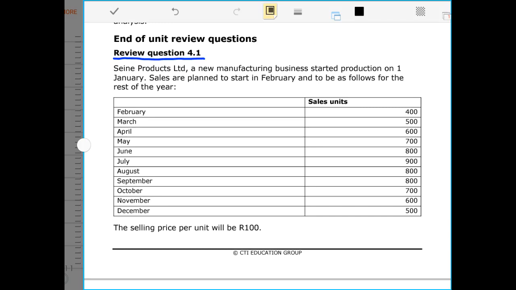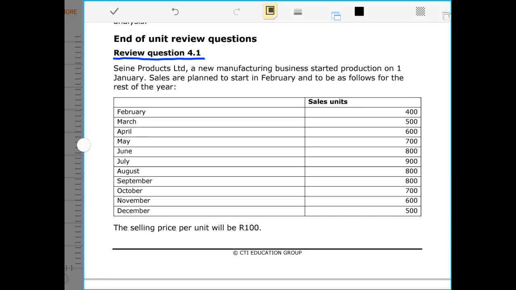Please start with 4.2 before you come to 4.1, because 4.1 has some hidden questions or workings, but in 4.2 everything is revealed. So go to 4.2 first, then come to 4.1 so that you get more clarity before you do 4.1.